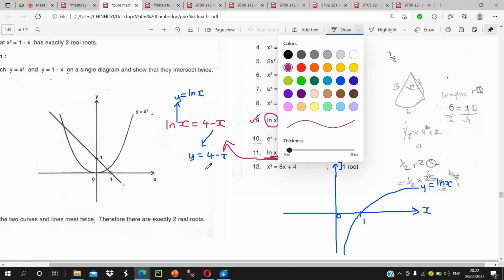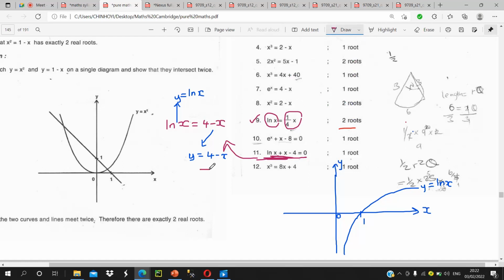This one is a straight line. So to draw a straight line, we just need 2 points. You still remember the table of values that you used if you want to draw a straight line graph. Let's say we have our x here, and here we have our y.